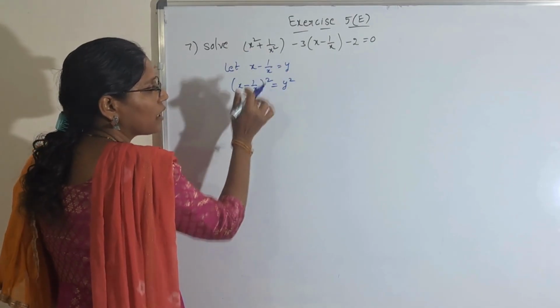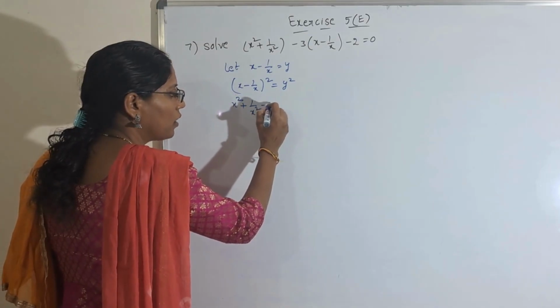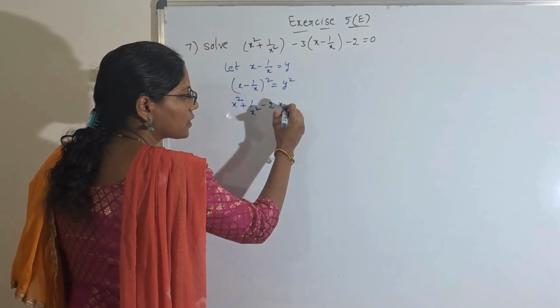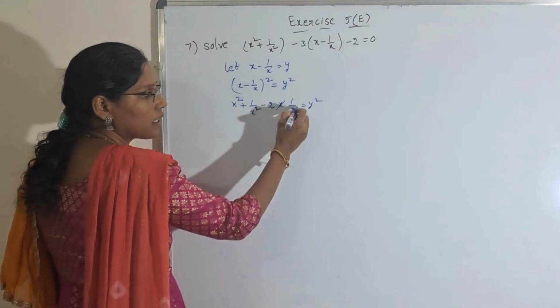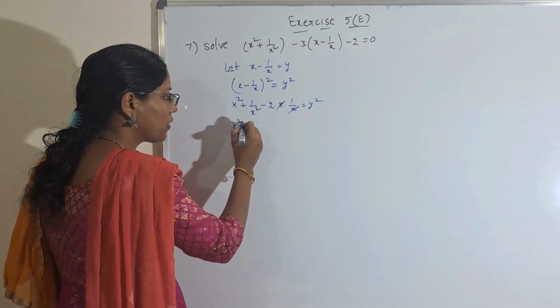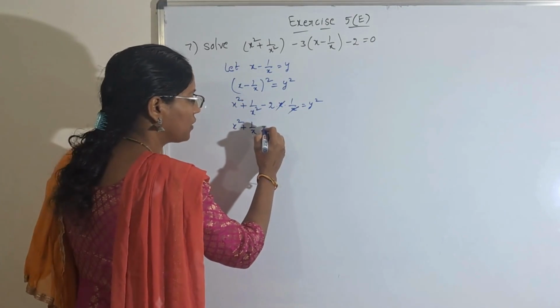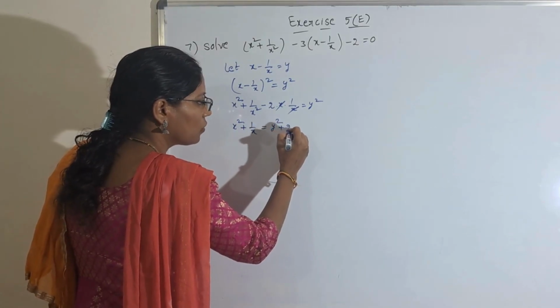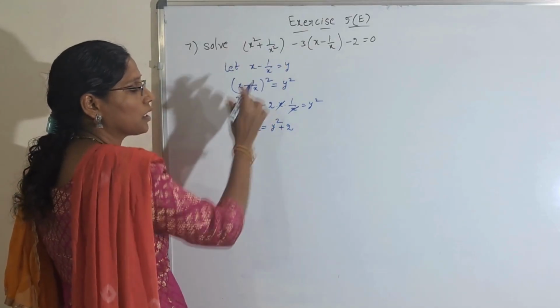We need this value: x square plus 1 by x square minus 2 into x into 1 by x equal to y square. Here x cancel, remaining x square plus 1 by x square. Minus 2 we have to shift right side: y square plus 2.